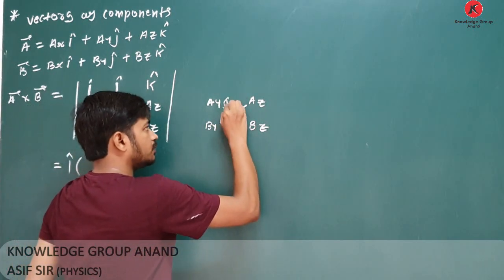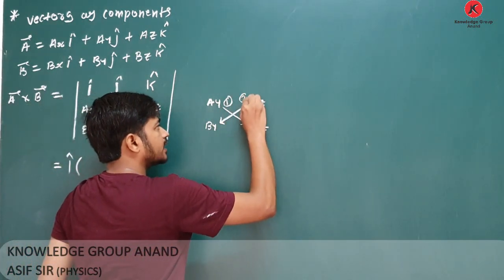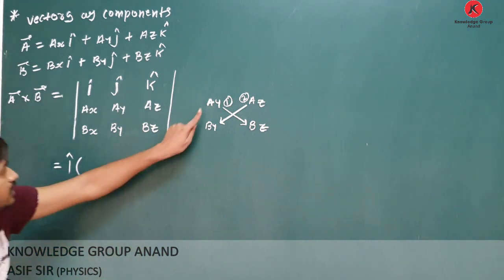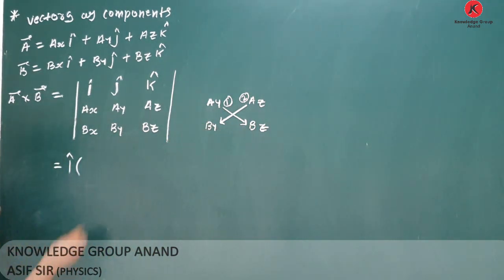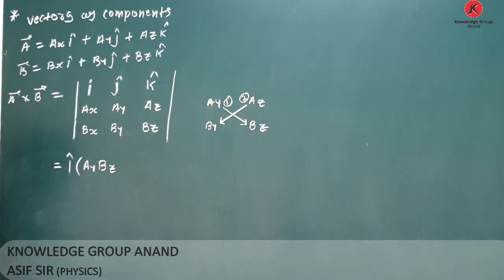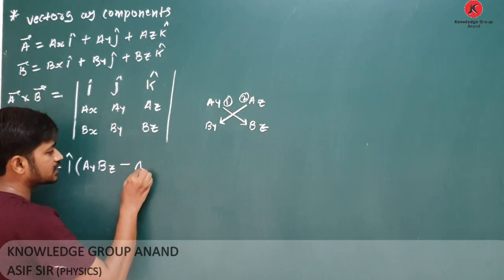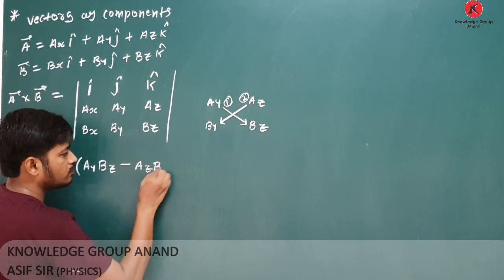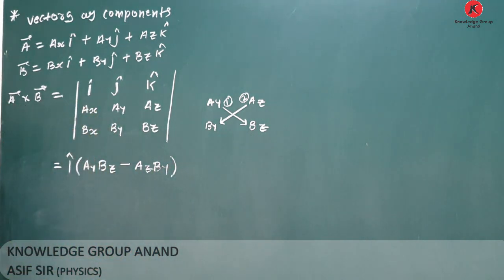It is first multiplication and it is second multiplication. First multiplication means AY into BZ. So here AY into BZ. Between them there is always a minus sign. And second multiplication it is AZ BY. Here it is AZ BY.